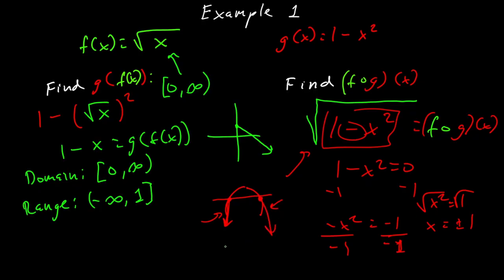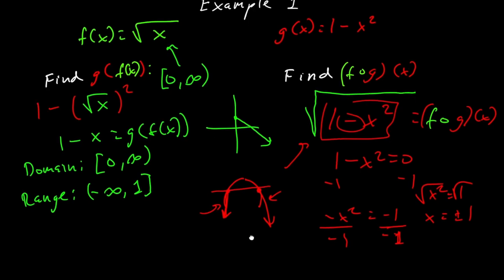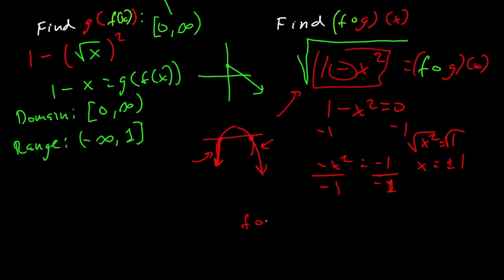So the domain of f of g of x would be negative 1 to 1, including, because this is a square root, so we can have 0.